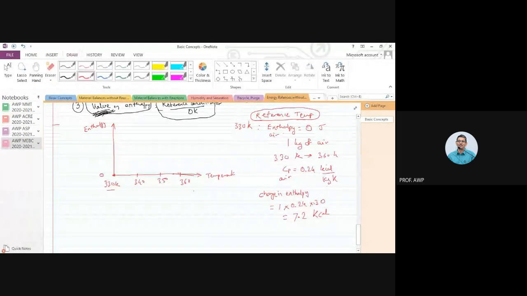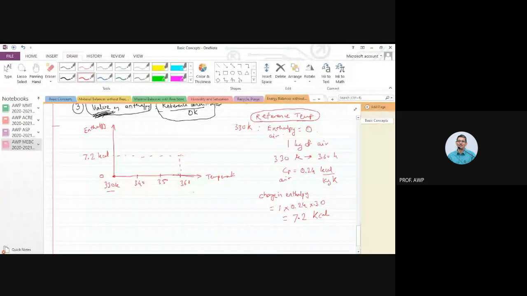Specific heat as units of kilocalories. Okay. So if I say enthalpy of air at 330 Kelvin is 0 kilocalories, then enthalpy at 360 Kelvin would be 7.2 kilocalories.